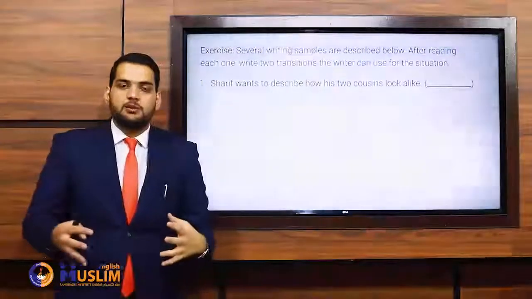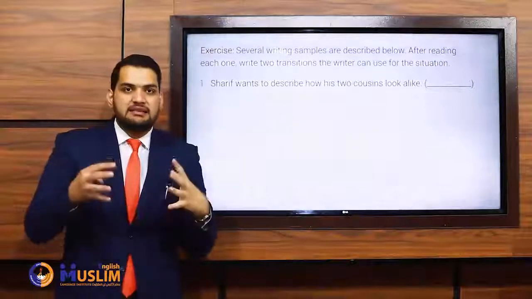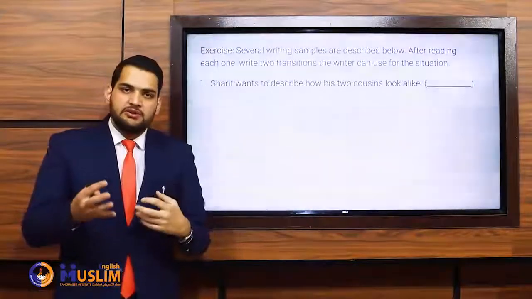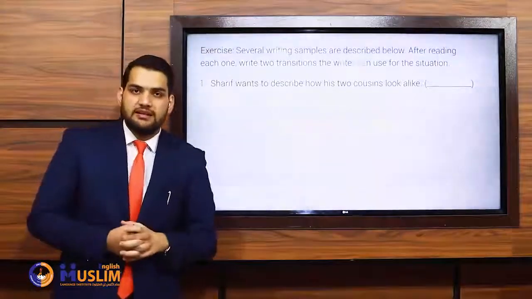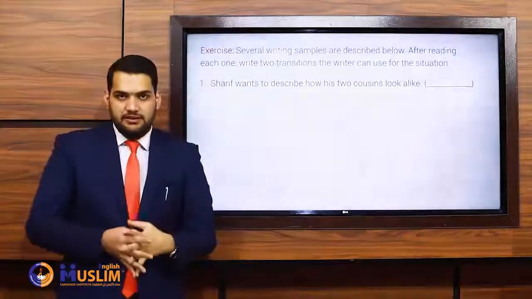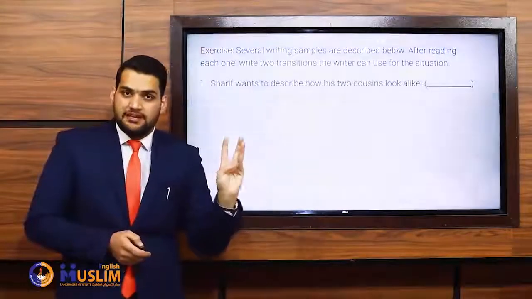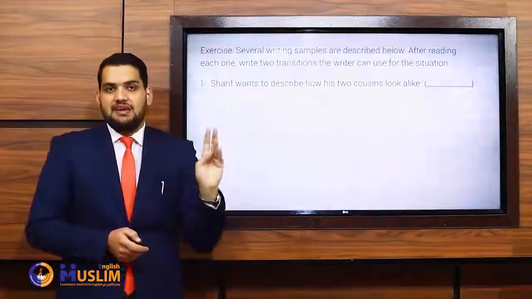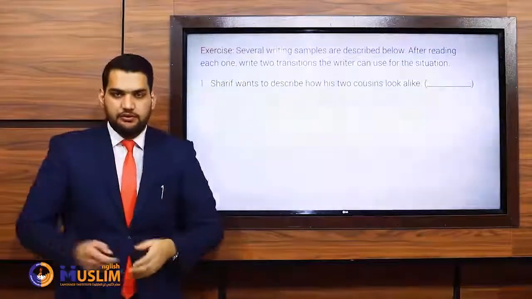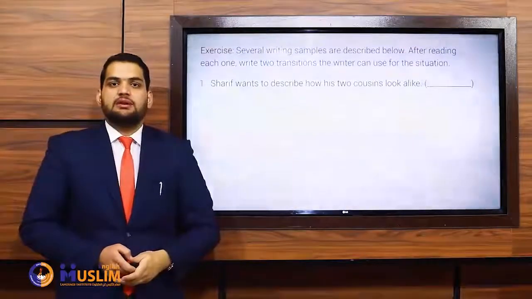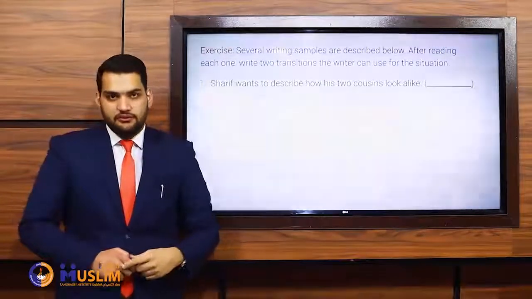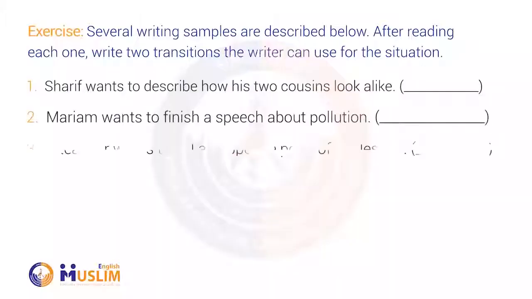So here, the key word is alike. It means similar. And if you remember, we talked about some transitional words or phrases for showing similarity. So we can use similarly or in the same way. And there are some others also. But you just need to think about 2 transitional words or phrases. Good luck with the rest of them.